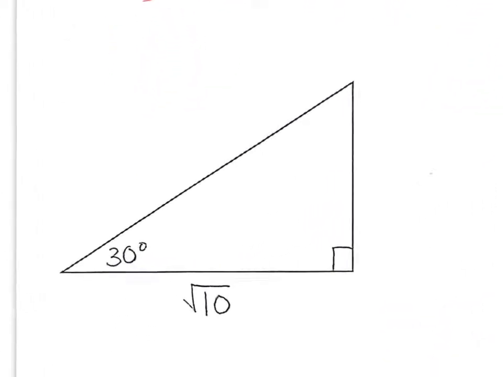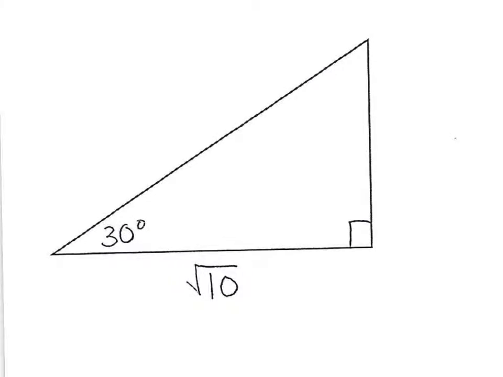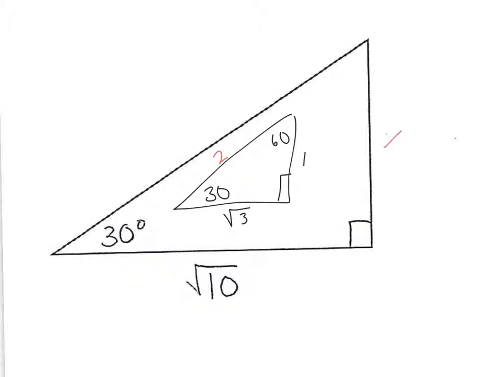Okay, then this one right here. I'm going to draw in a right triangle. 30, 60, short side is 1, so opposite the 30 is 1. Opposite the 60 is root 3, and the hypotenuse is 2. So, to find this length right here, I'll call this x.